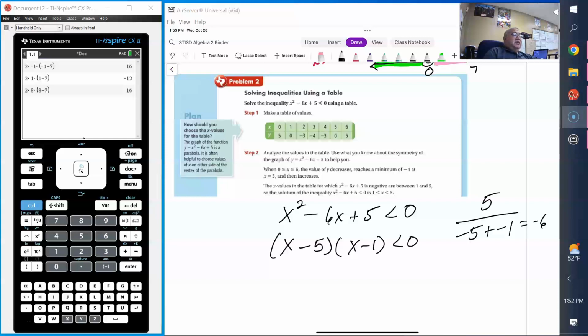So I want to find my test points. I know that it will never equal 0, but I'm going to use it as a way to check what could be a possible answer. We're going to test before 5 or after 5, and before 1 or after 1.